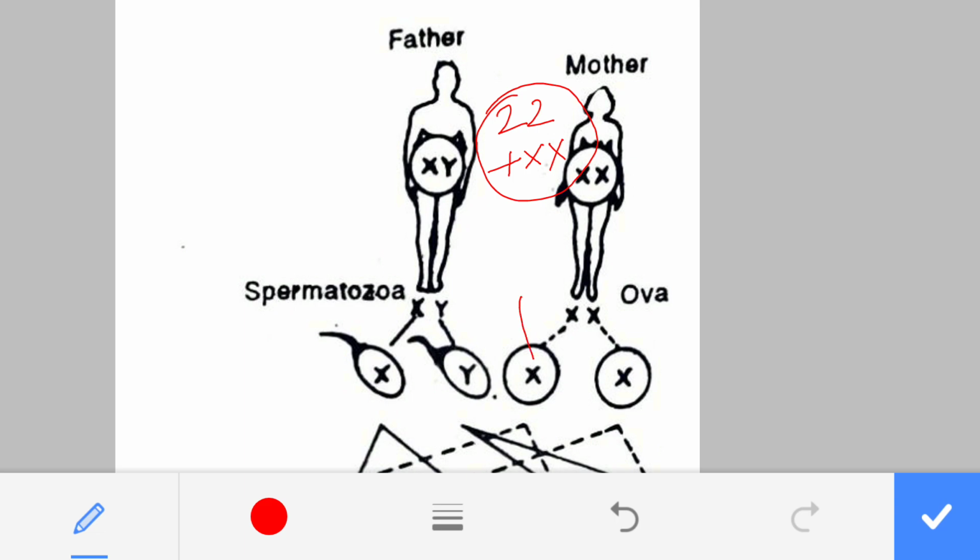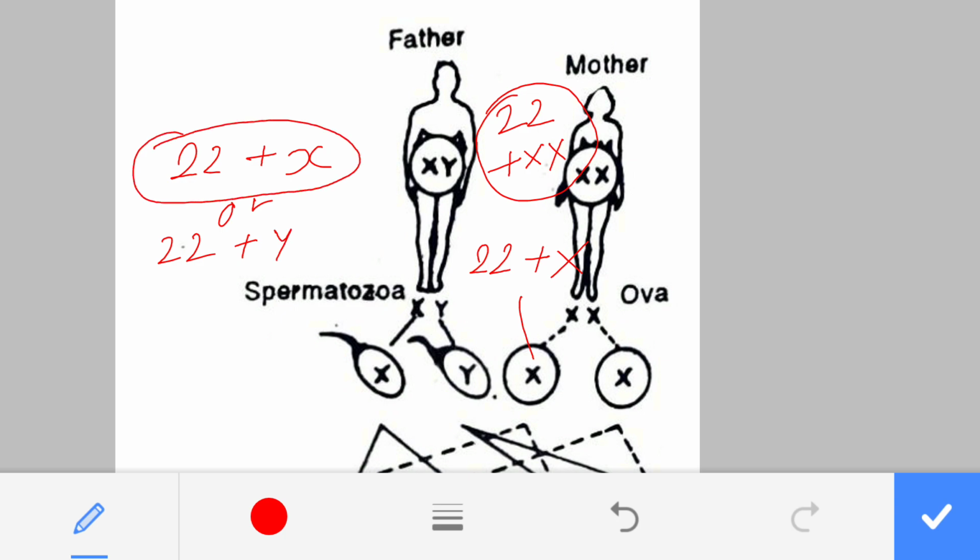So in the egg there are 22 plus X chromosomes, and in sperm there are 22 plus X or 22 plus Y. So if the sperm is having 22 plus X chromosome, and in the ovum there is 22 plus X, then when the zygote is formed, in the zygote there will be 44 plus XX.